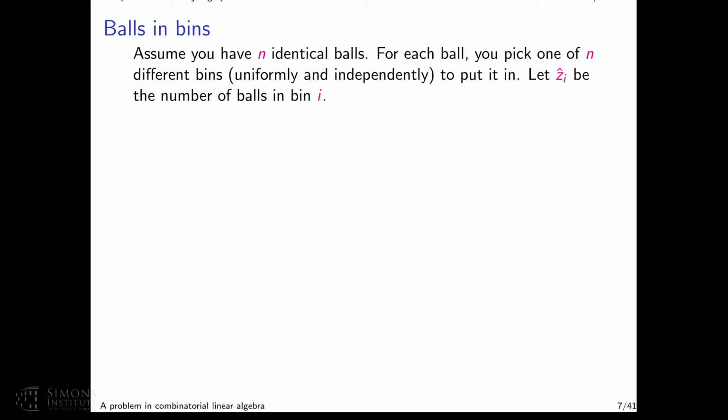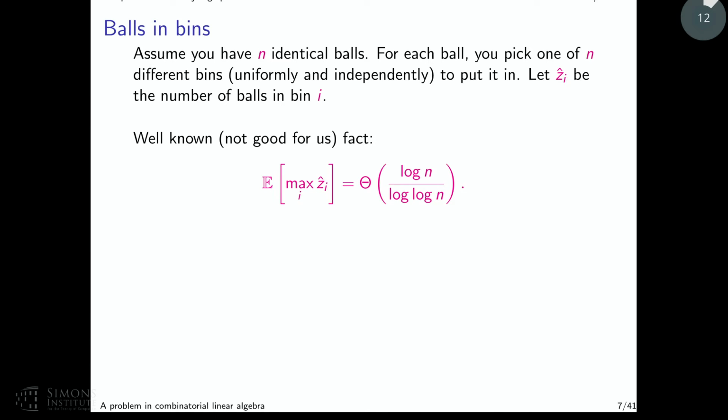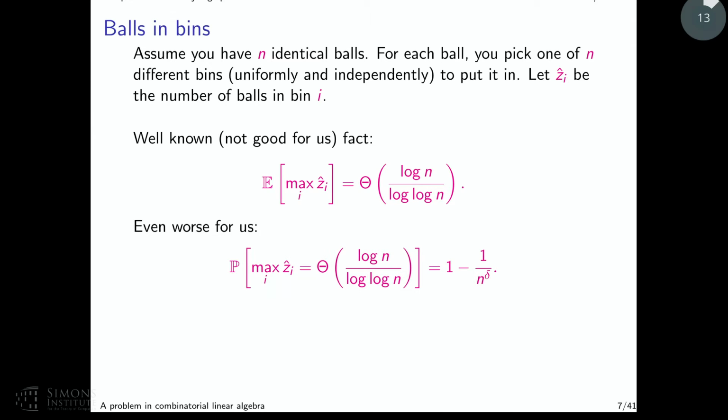So assume you have n identical balls. For each ball, you pick one of n different bins. Then if Zi is the number of balls in bin i, then the well-known fact is that the expected maximum Zi is log n over log log n, so something that grows to infinity, certainly not 1.